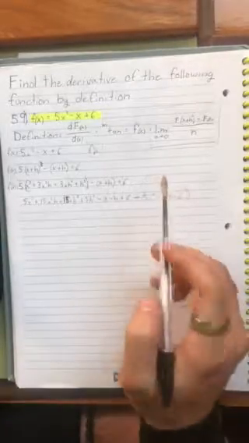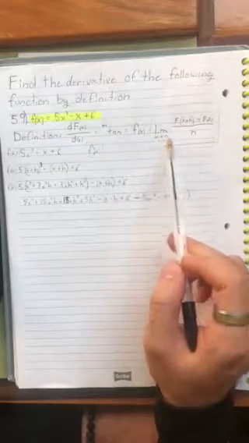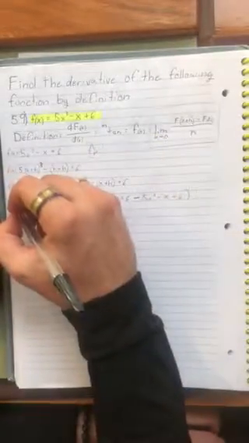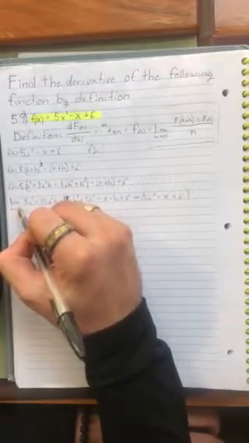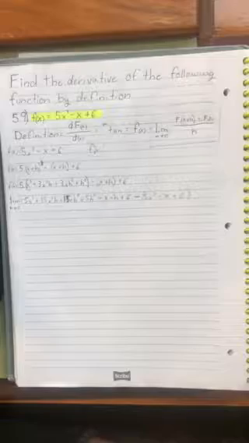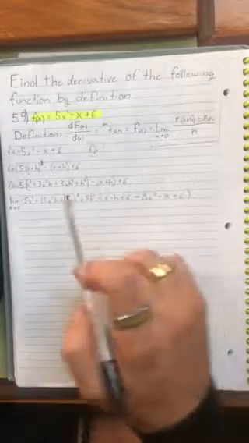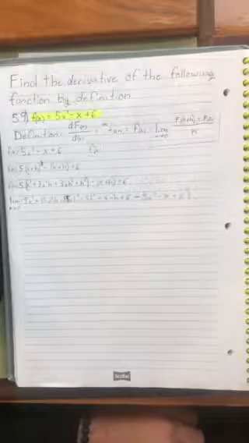And now we're going to start applying the limit h equal to 0. We're gonna put this here, limit h equal to 0, because later on all of the h's that we have left will be converted to 0.